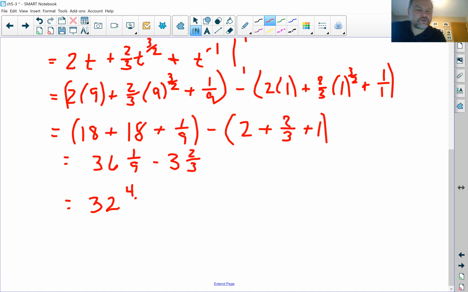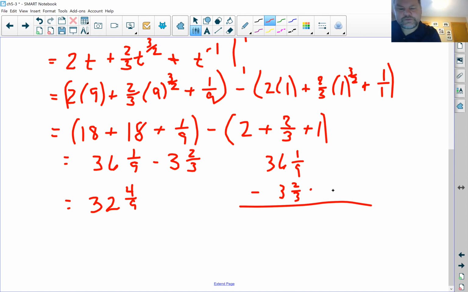So this would be 4/9. See if I did that right. So if I borrow 1, let's see, 36 1/9 minus 3 2/3. Well, this would be 3 6/9. So I have to borrow 1, 35 10/9. Yeah, okay, good.